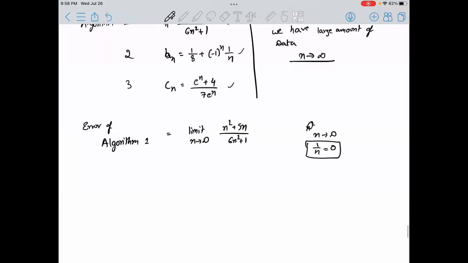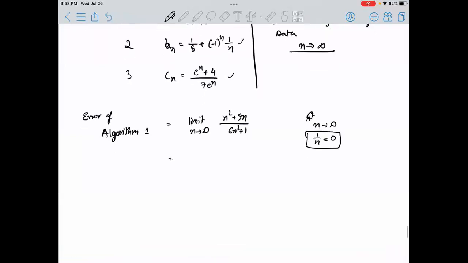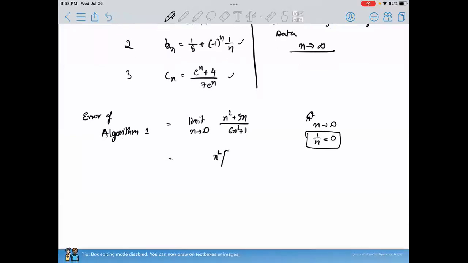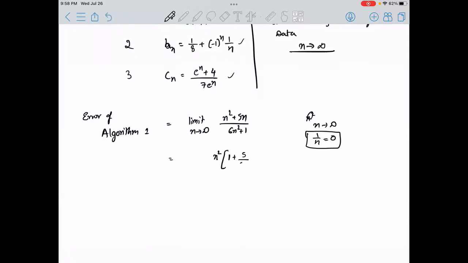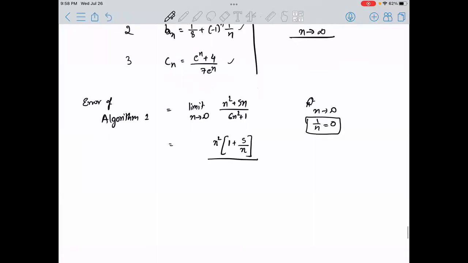So we'll change them into 1 by n form. Take n square common from the numerator: 1 plus 5 by n. From the denominator also take n square common: 6 plus 1 by n square.